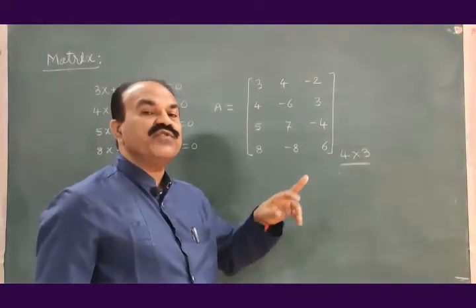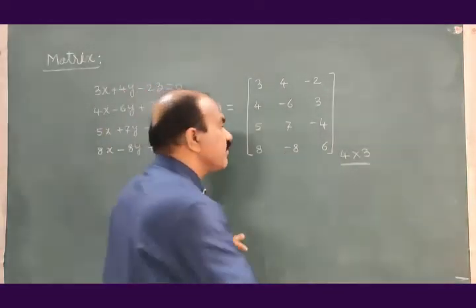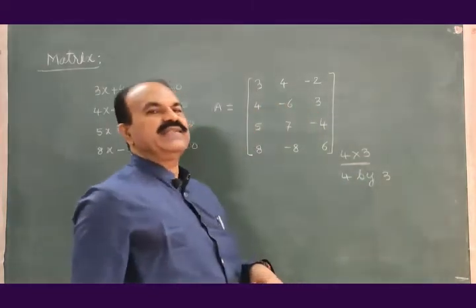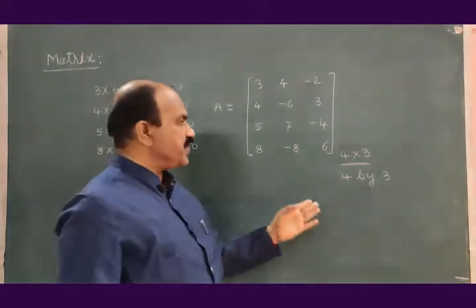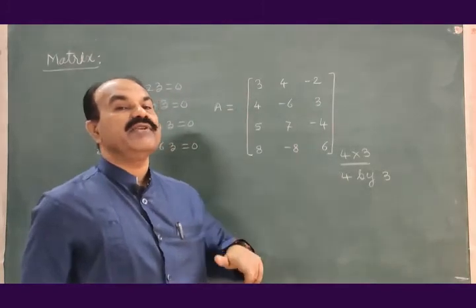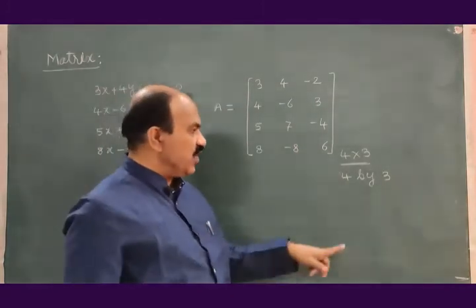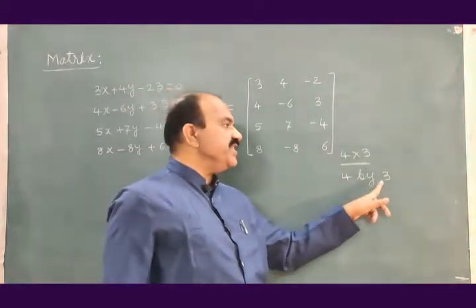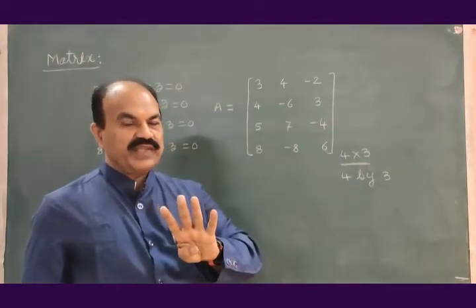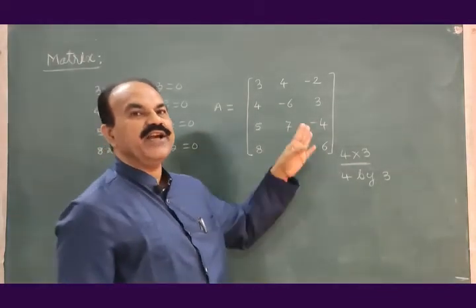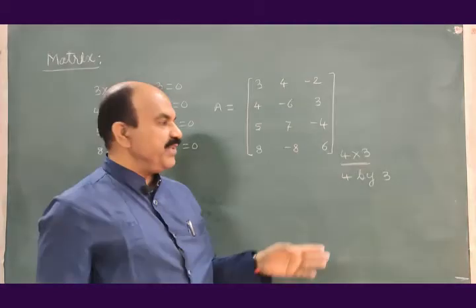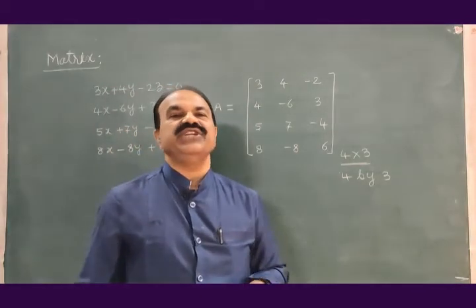And when you read this 4 into 3, how do you read? 4 by 3. The order of this matrix is 4 by 3. So, this matrix is rectangular in nature because the number of rows is not equal to the number of columns. The number of rows is 4, the number of columns is 3, and therefore this matrix has a rectangular structure because it is a 4 by 3 matrix.